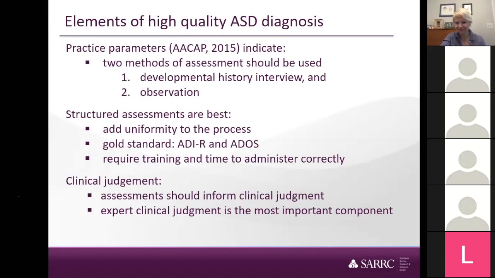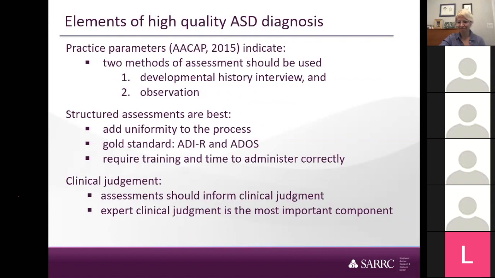There are two main components that should be included in an ASD diagnosis. One is a developmental history interview, so you can see how the child's trajectory of development has been off where it should be, or at least get some information about when it started to deviate from what is expected. And then direct observation. To gather this information, structured assessments are best, right?